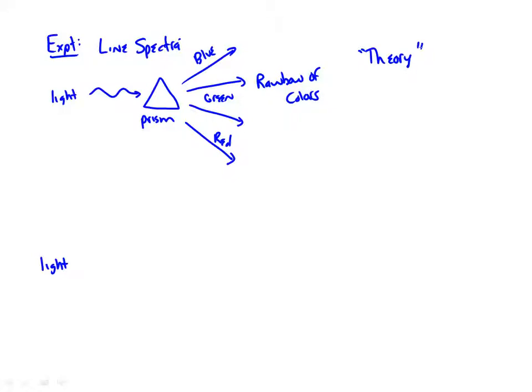This is simply line spectra, or that concept. So what happens now if I take light and I shine it at an atom is that I do not get a rainbow, as predicted by Rutherford.